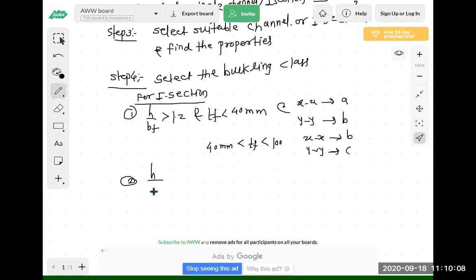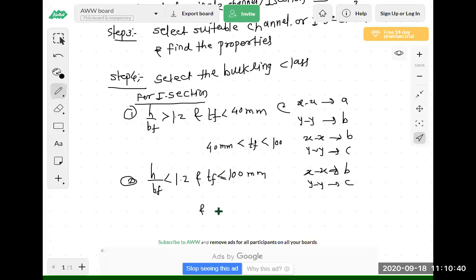So H by BF is less than 1.2, and the thickness of flange is less than 100 mm. Then about the XX axis buckling class is B, and about the YY axis buckling class is C.